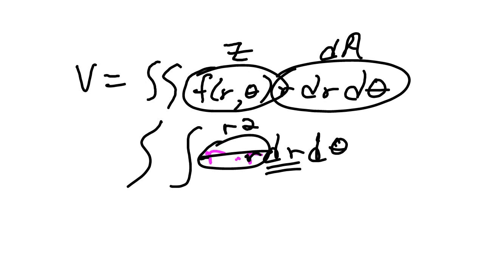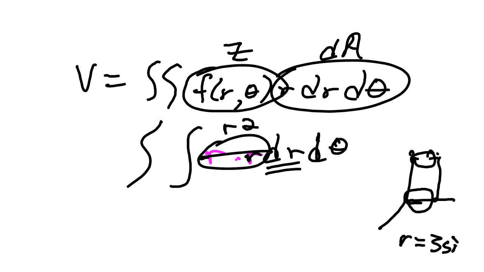And then what does the r go from? Well, basically when I'm looking at that picture, how far out can I go? The other equation was r equals 3 sine theta, right?